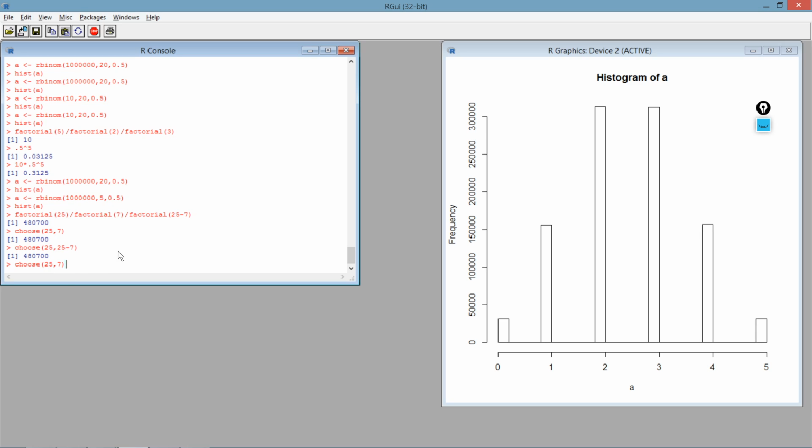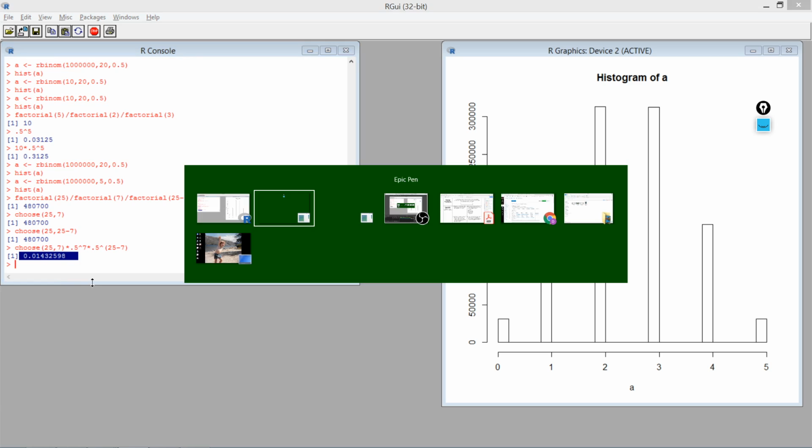I'm just using a command to make it shorter. Times 0.5 raised to the 7th times 0.5 raised to the 25 minus 7. And that is the probability of it happening. 0.014. Plus all the other stuff.